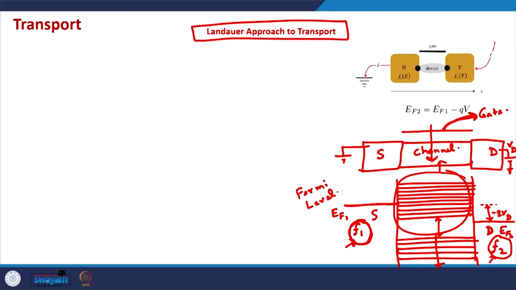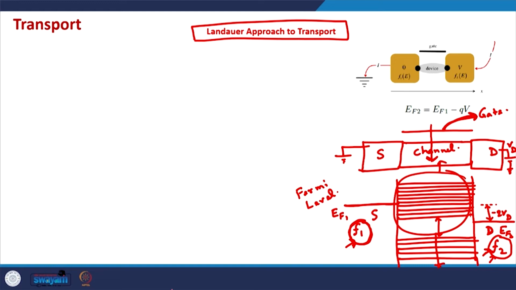But generally that is not the case. The source and the drain contacts are like bulk contacts. There is a huge number of electrons sitting in these contacts, and even if there is a current, it does not change the distribution significantly, and that is why we can use the notion of the Fermi functions even in the steady state when the current is flowing through the system.